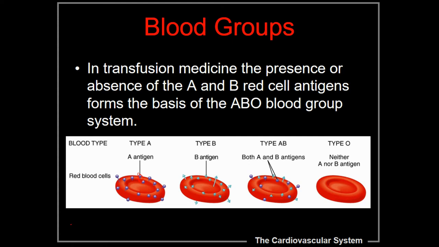If you are type B, then your red blood cells will have type B antigen markers. If you are type AB, you'll have both A and B antigen markers. And if you're type O, you have none of those A or B antigen markers.